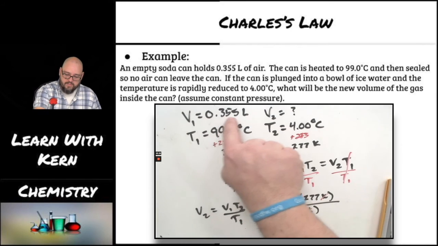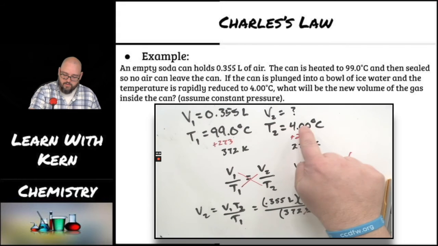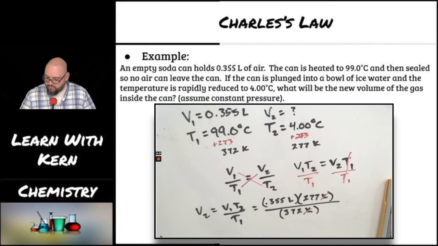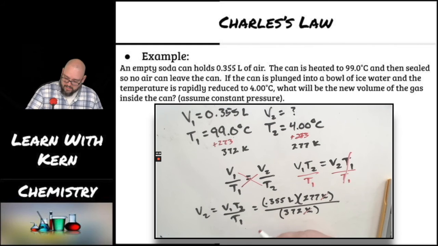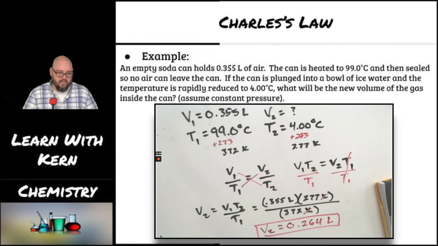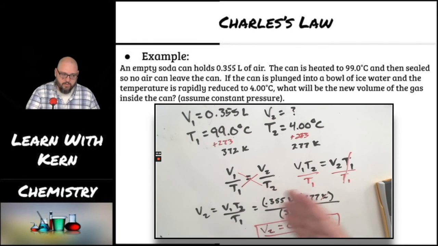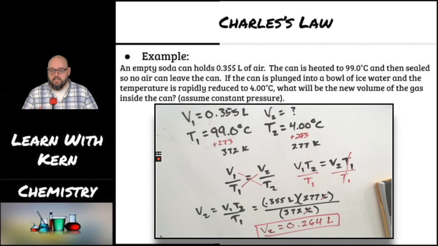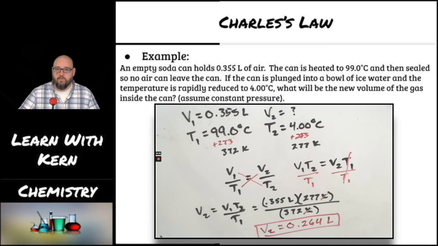So I have three significant figures, three significant figures, three significant figures. So my answer needs to have three significant figures. So my answer is going to be V2 is equal to 0.264 liters with my three significant figures. So again, cross multiply, divide, plug in my numbers, round to proper sig figs. It's just plugging into the equation, not super complicated.